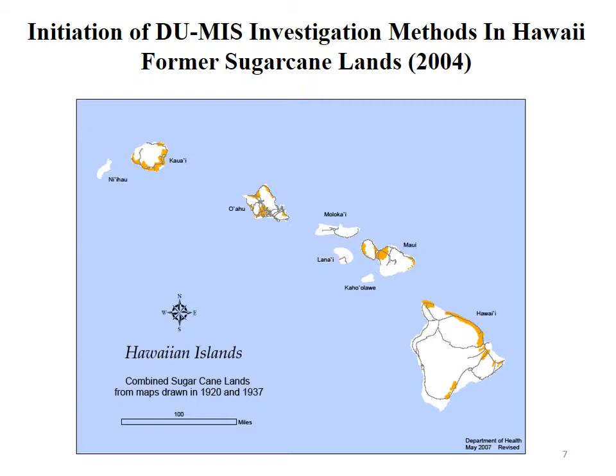And fortunately for us, Chuck Ramsey of Envirostat, a consultant, was providing excellent training on multi-increment sampling methods. So that began our efforts to learn a new method and apply a new method in the state of Hawaii.